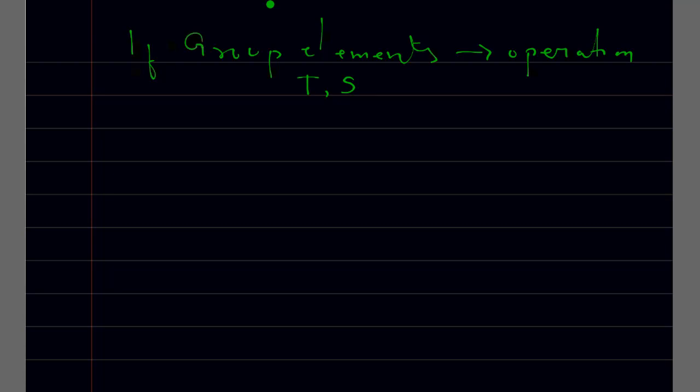So when you have S and T, if you multiply these two group elements, remember these are maps that act on something. So these are operators, with some operation defined on them, maybe multiplication or something. So when you multiply S and T, you get another operator C, and it should belong to the group G.